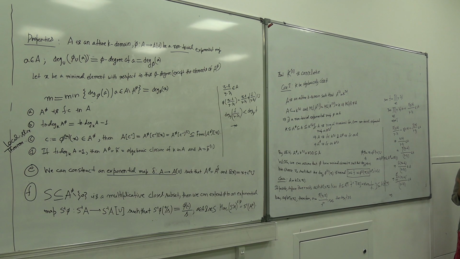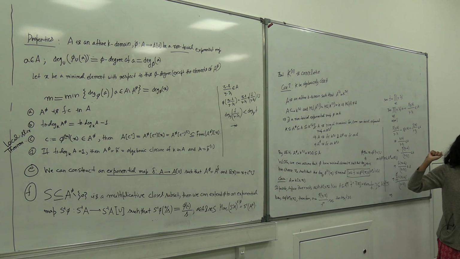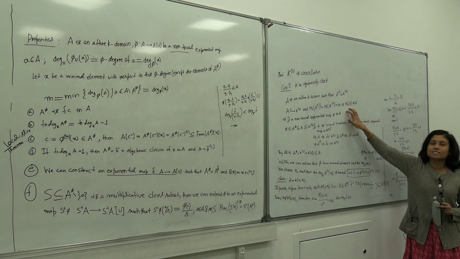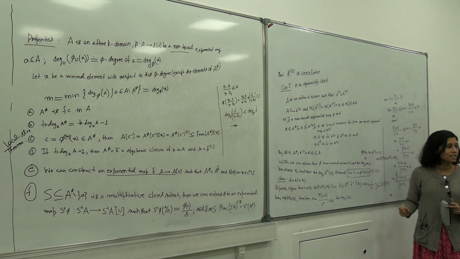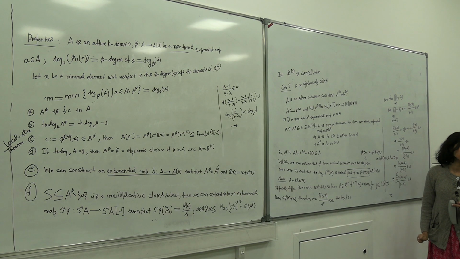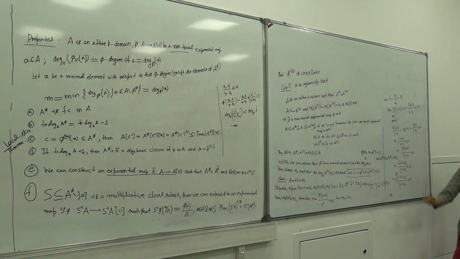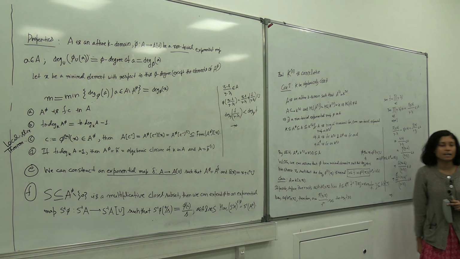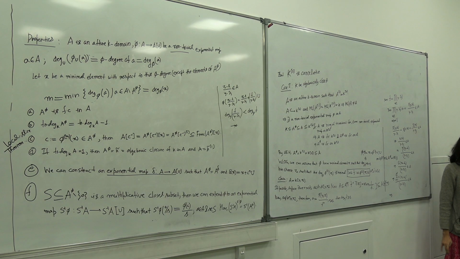This part is actually easy, but it involves another technical result, homogenization of an exponential map. But this result is easy, while that result is tough. We know this result at least in characteristic 0, and it's almost the same idea in positive characteristic.